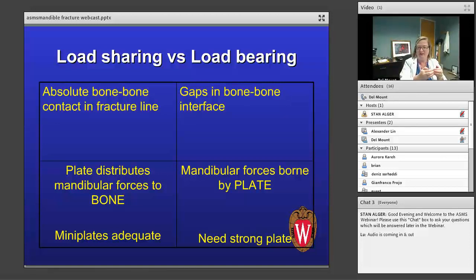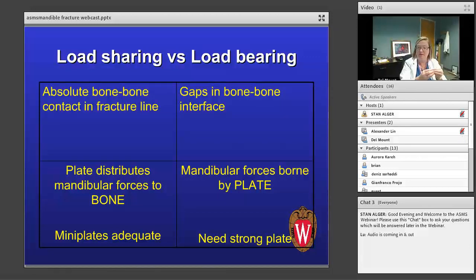The plate's not doing anything else as far as carrying a load. It's just keeping those bone edges close together so that the bone edges can do their thing with primary healing.